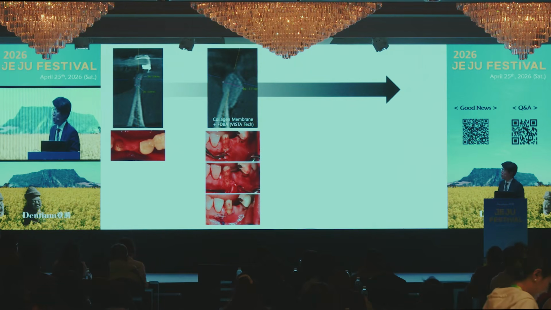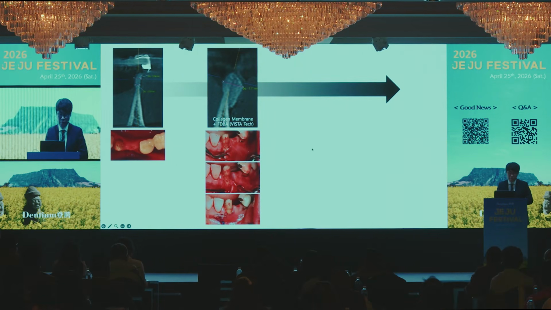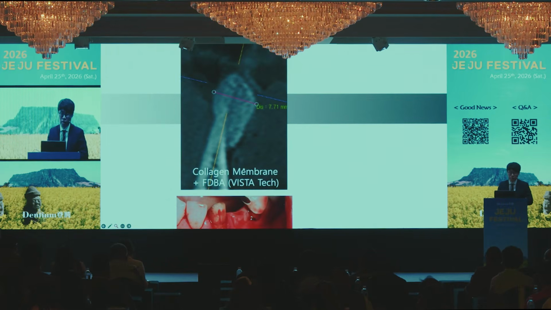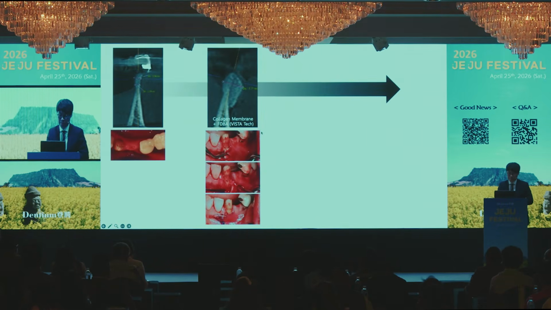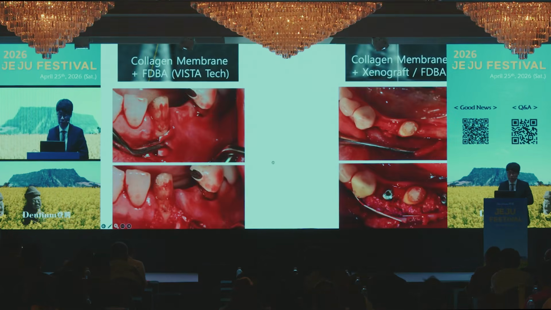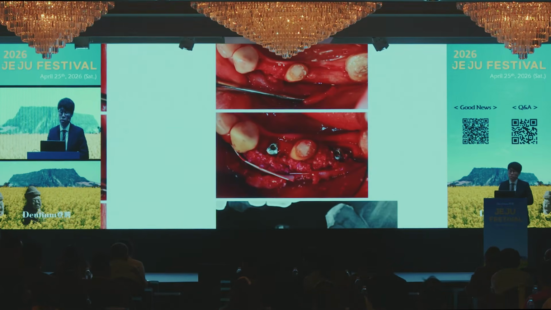So I tried the Vista technique and a resorbable membrane to build the volume. I packed a lot of grafting material. But a few months later, when I reopened the flap to place the implant, most of the grafting material had disappeared. So I had to perform GBR again.